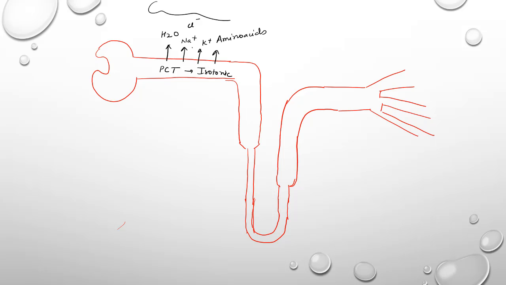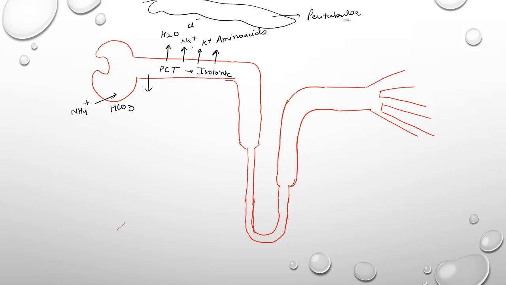All this region is peritubular capillaries. Ammonium ions in the form of ammonium bicarbonate, and bicarbonate ions are reabsorbed.